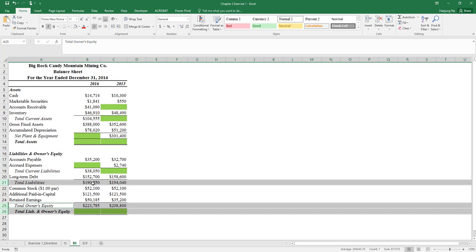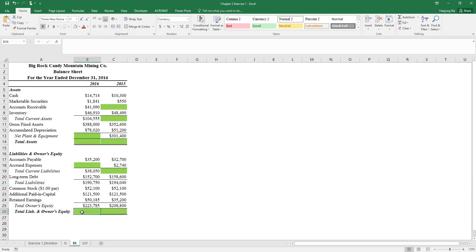Here, of course, these are supposed to be known. So for year 2016, we can easily calculate it by adding the total liabilities amount and total owner's equity amount. There you go. You have the total liabilities and owner's equity. And the same thing here.